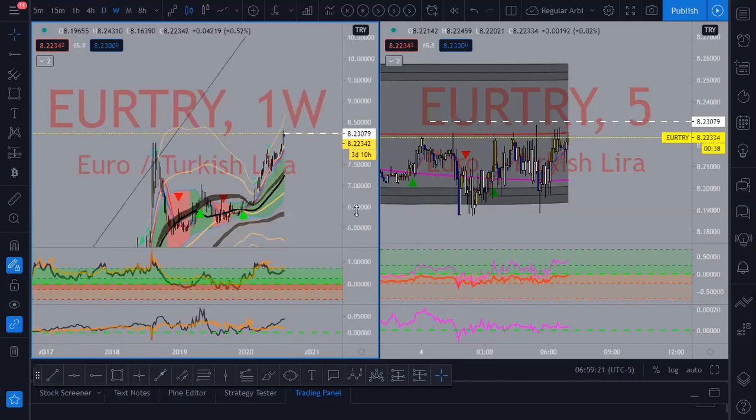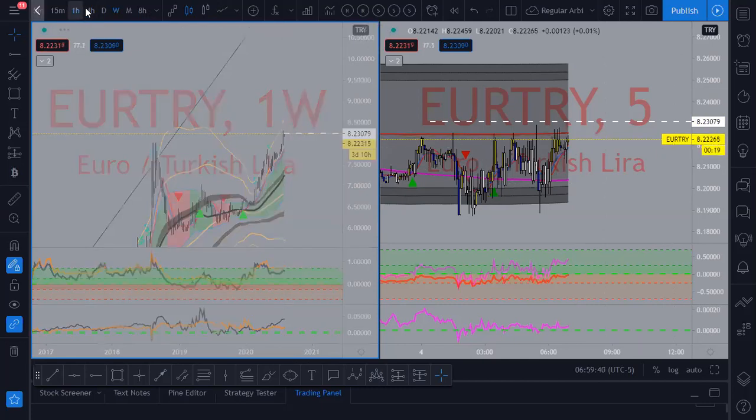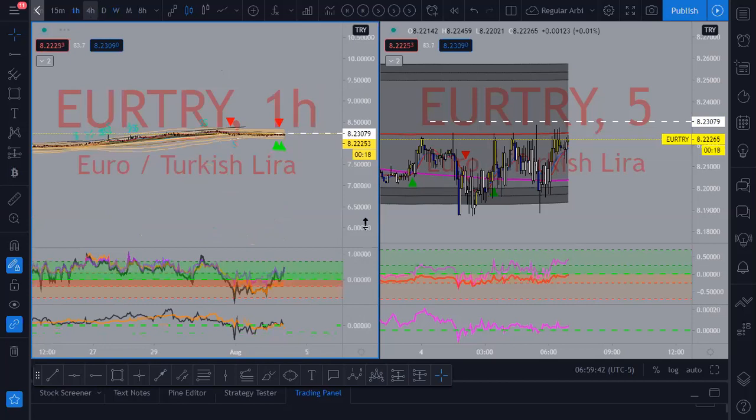So if you did want to get into this buy, not crazy, because it's making higher highs on the weekly time frame. So if you did want to get into this EURTRY buy, setting a buy stop at 8.23079 might be beneficial. But for me personally, the move has already been made, and I like the 4 hour more than the 1 hour time frame right now.